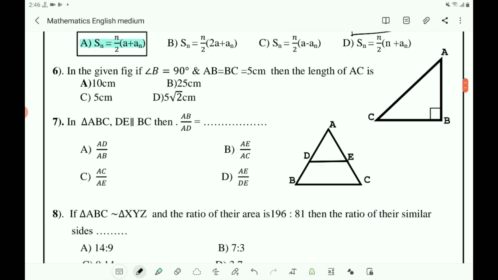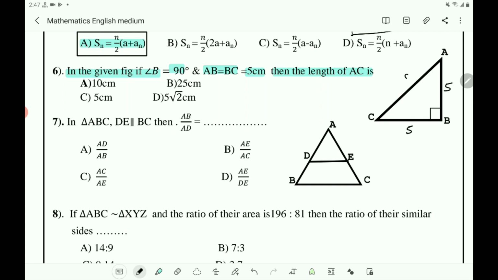Next you take the question number 6. In the given figure, angle B equals 90 degrees, AB equals BC equals 5 centimeter, then the length of AC. Here what is given? Angle B is 90 degrees, AB equals BC, both are 5 centimeter.